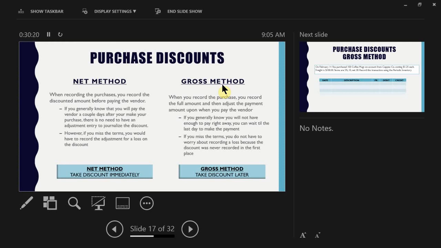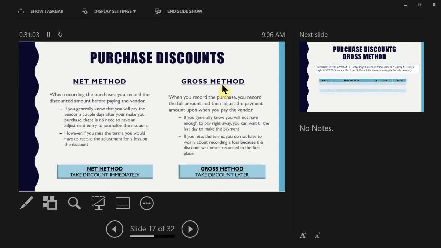Now, the reason why a lot of people use either method is because, for example, the net method is typical for people that like to pay immediately, okay? Or they just have enough money to go ahead and pay for it so they can take the discount. But oftentimes, in case you do forget, there are some precautions for what happens if you miss the discount period or the discount window.